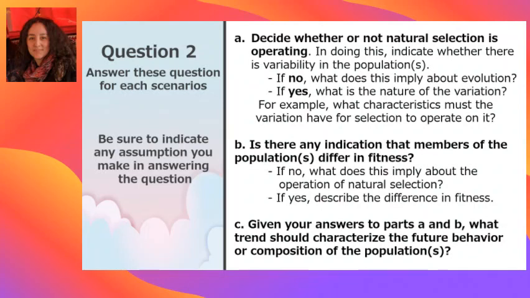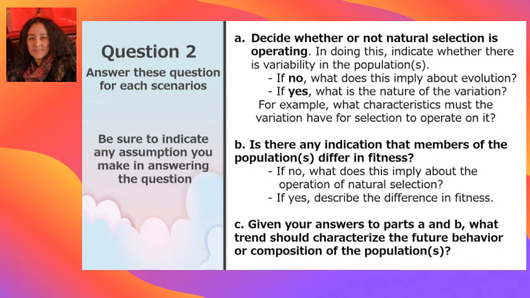Okay, so question 2 is pretty involved, and I believe we have 6 scenarios altogether. And we're going to go over all of these questions here, but they will be listed again as we go over each scenario. But just as an overview, A is going to be decide whether or not natural selection is operating.